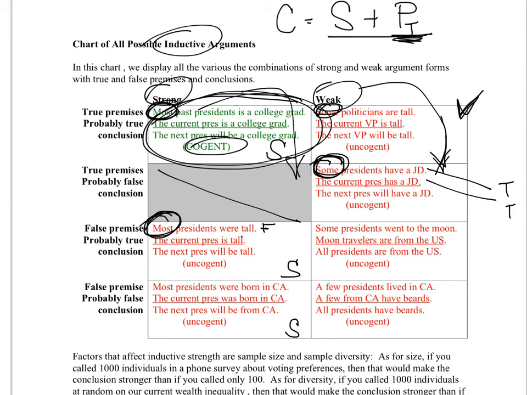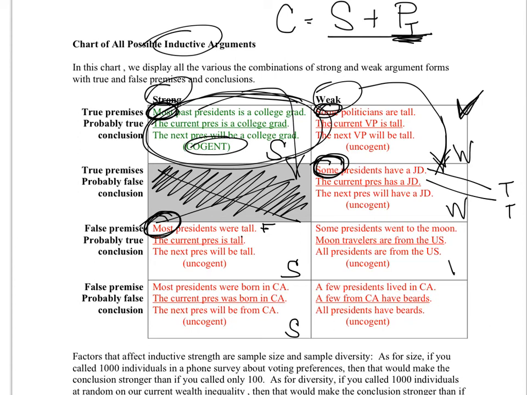Again, as for this gray box, it's going to be empty because of the way strength for an inductive argument is defined. In the definition of strength, you're not going to have true premises that probably lead to a false conclusion. The point of having a strong inductive argument is so that you can have a conclusion that is supported with a high degree of probability, as opposed to a low degree of probability, which is what we have with a weak inductive argument structure.